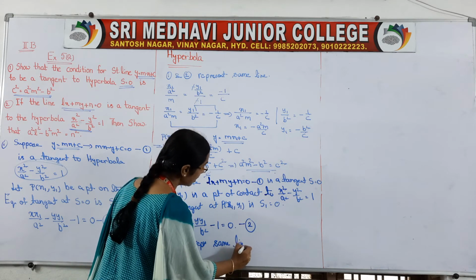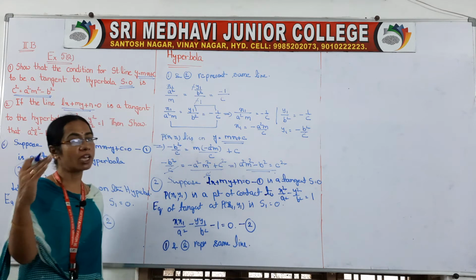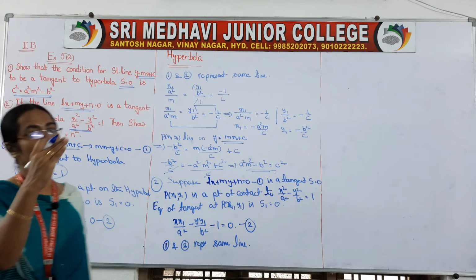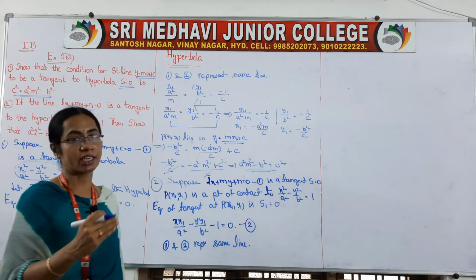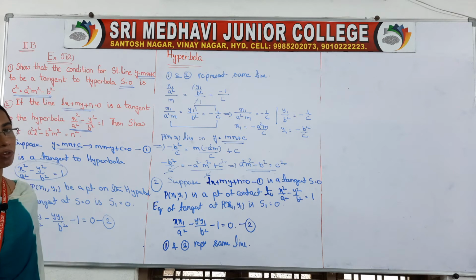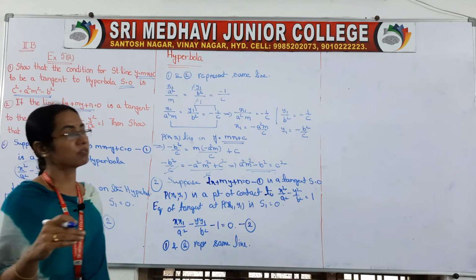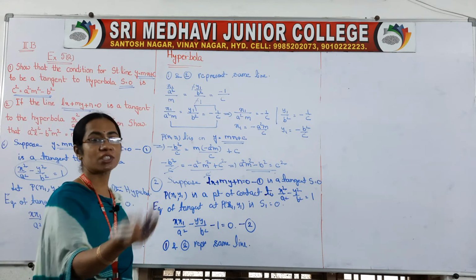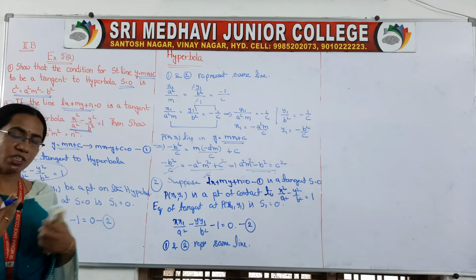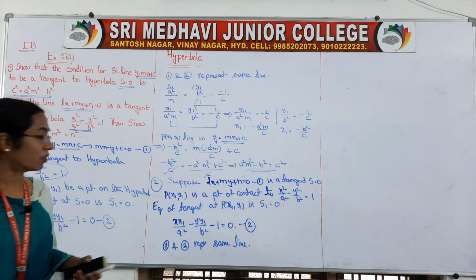So what I said in maths, whenever two lines are same, x coefficient of first line by x coefficient of second line is equal to y coefficient of first line by y coefficient of second line is equal to constant of first line by constant of second line. First or second any lines we can take.